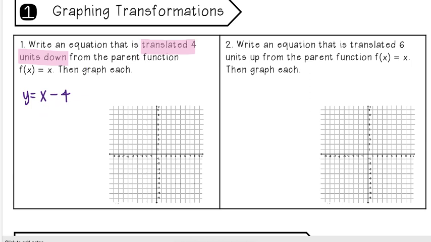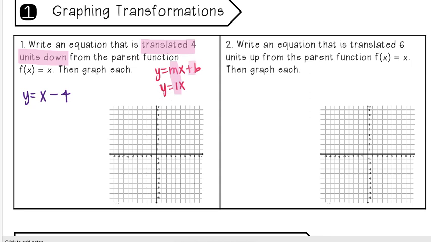Okay, and now I'm going to go ahead and graph each. So I'm going to go ahead and start with my parent function. And so if you remember my slope-intercept form, that's y equals mx plus b. This is y equals x. Well, my slope here, since I don't have a number in front of x, that means it's really just a 1.